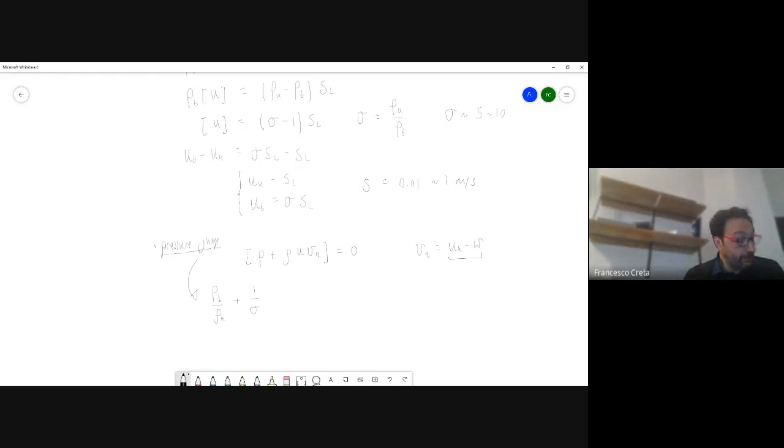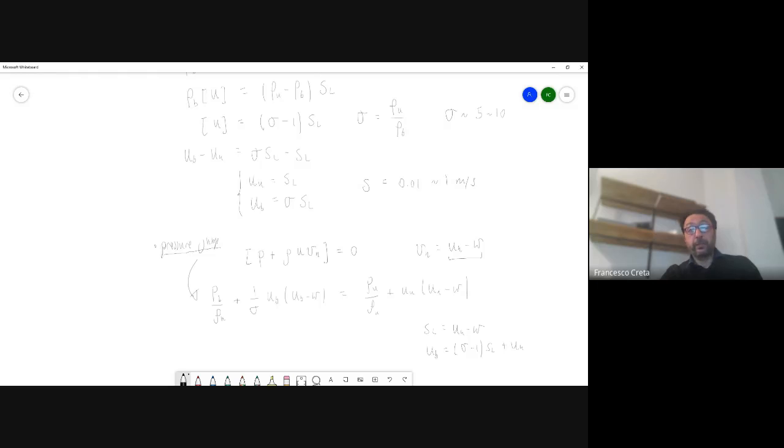Sigma 1 over sigma UB minus W is equal to PU over rho U plus U, and then UU minus W. We do the same kind of thing that we did before, so SL, remember, is UU minus W, and from the jump in velocity, we substitute for UB sigma minus 1 SL plus UU.